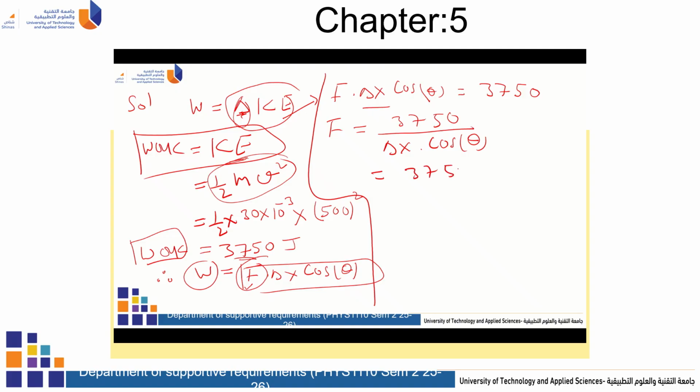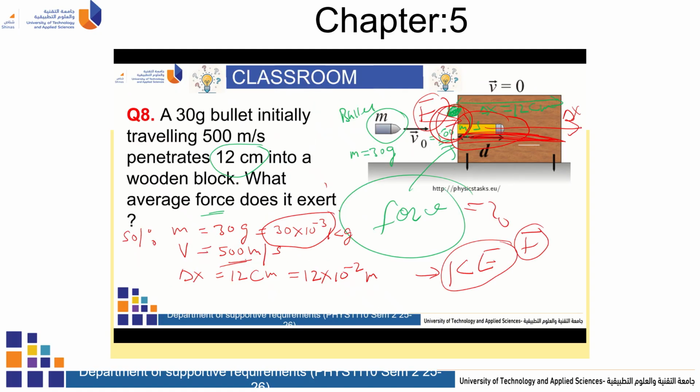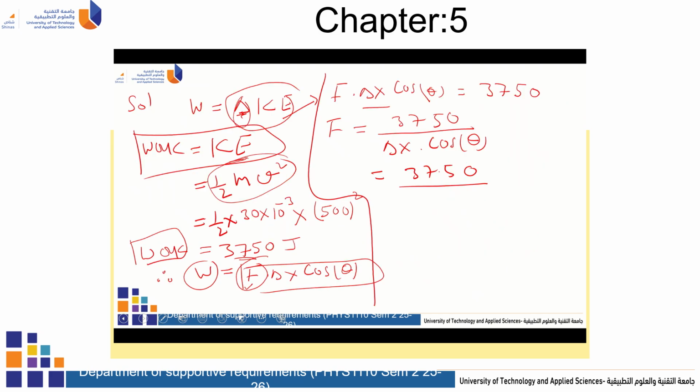So this is 3750, and the displacement value is 12 centimeter, or this value in meter, 12 multiplied by 10 to the power minus 2 meter, and cosine 0 degree. The value of the angle is 0.